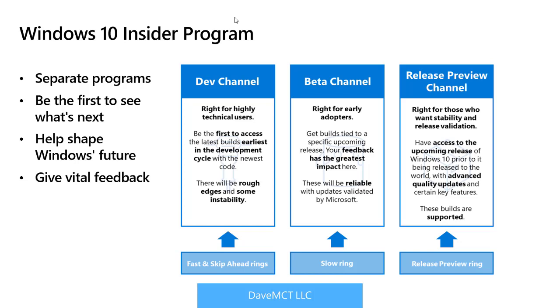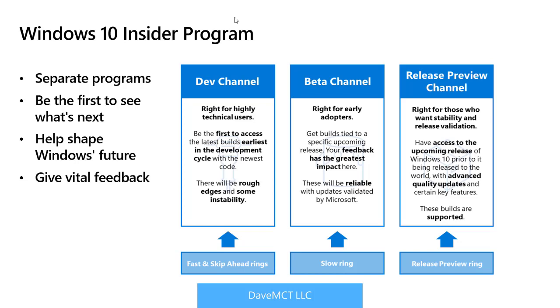So look at that. You want to be the first to see what's next. You want to help shape Windows' future and give feedback. The bullets on this slide. So for those people who want to be first to see what's next, you probably want everything, right? You want the Dev Channel fast and skip ahead rings, or at least the Release Preview ring, as shown here.